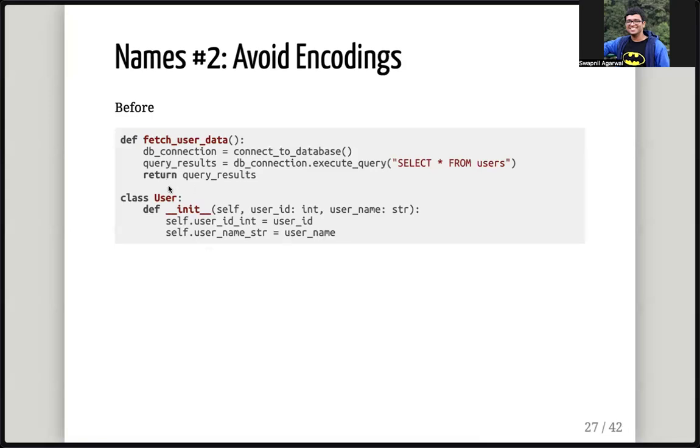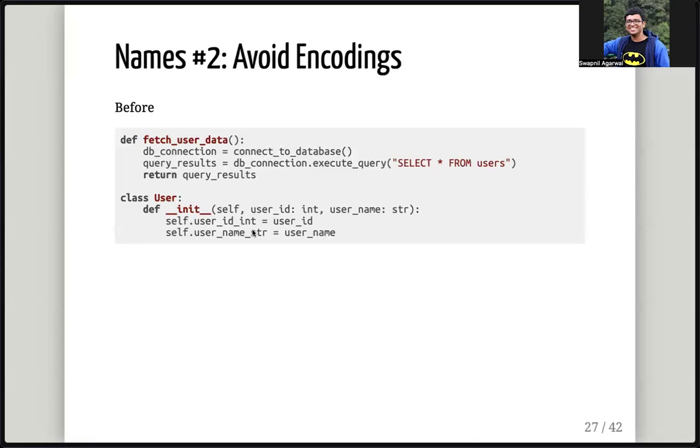But as soon as we put the names as user ID int, name str, they encode some additional data which is not relevant at all. It's not helping you add anything extra. It's just tightly coupling the implementation.